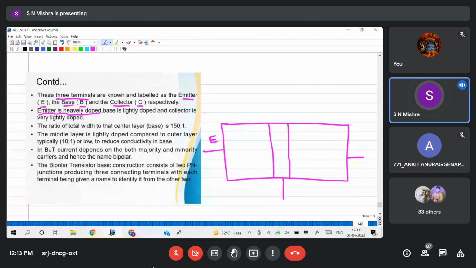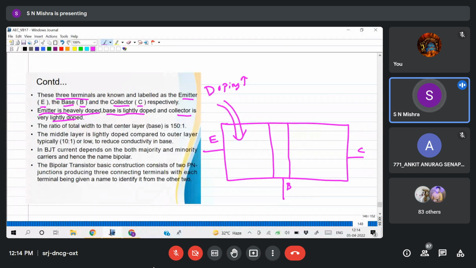This is your emitter, this is your base, this is your collector. Here doping is high, base is very lightly doped, and collector is very lightly doped.